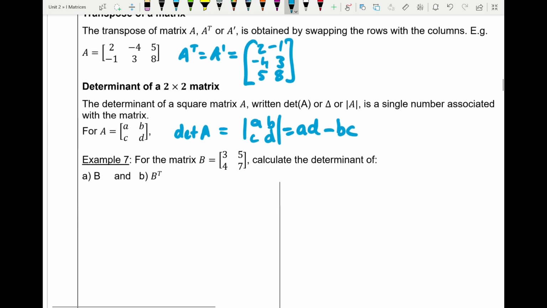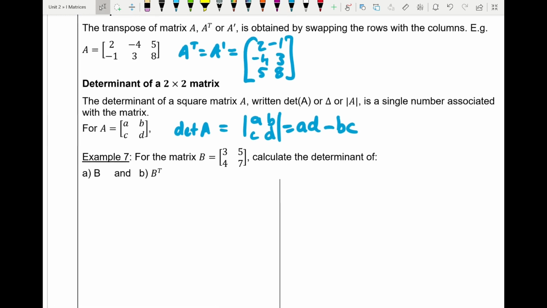So for the matrix B, let's calculate the determinant of B and then B transpose. For our first example, we get 3 times 7, take 5 times 4, which is just equal to 1.